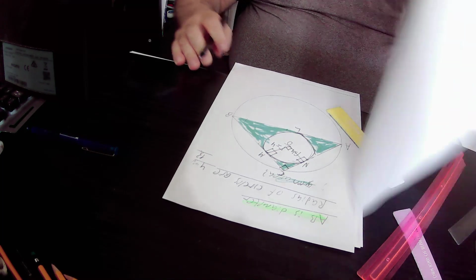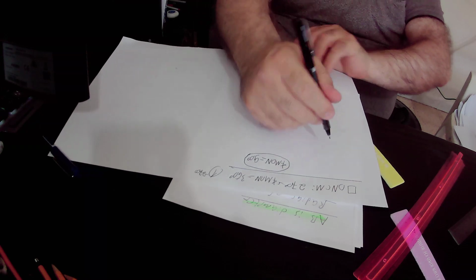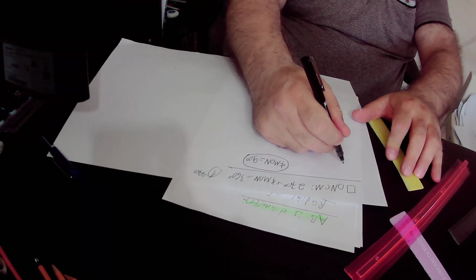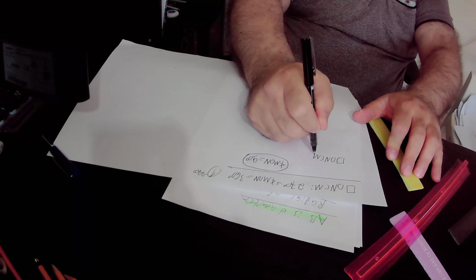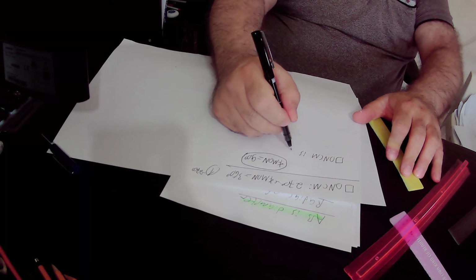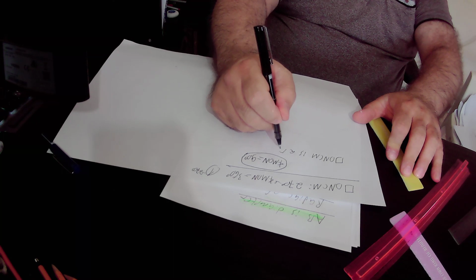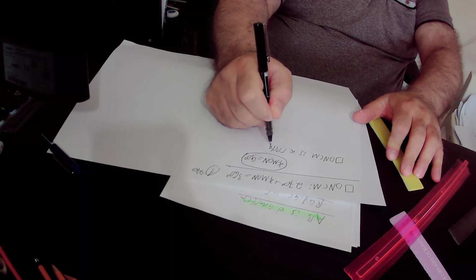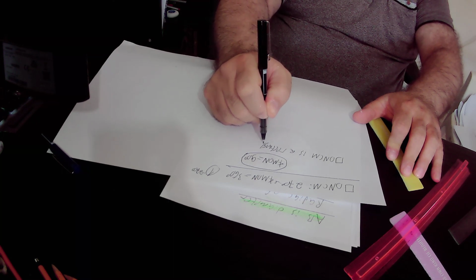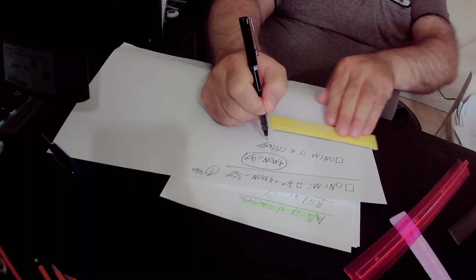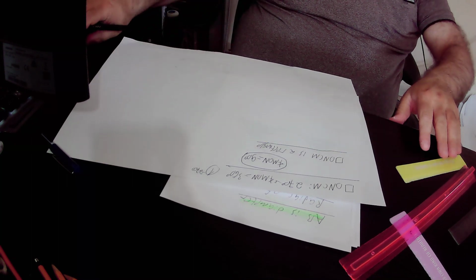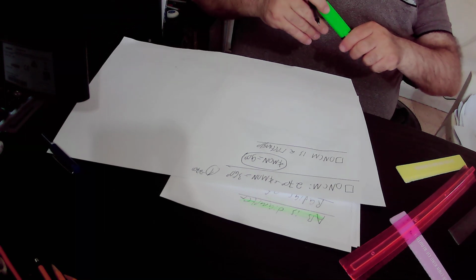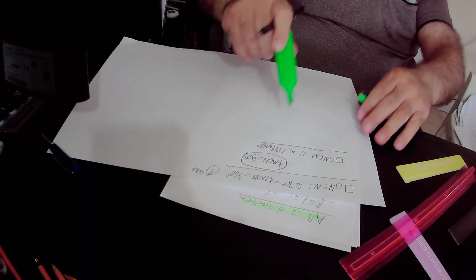So we identify the quadrilateral ONCM as a rectangle. Okay, quadrilateral ONCM is a rectangle.